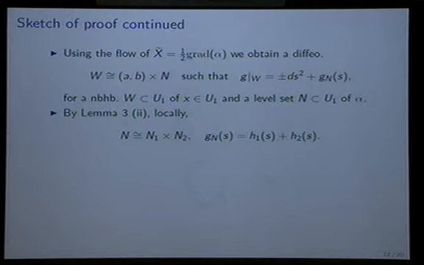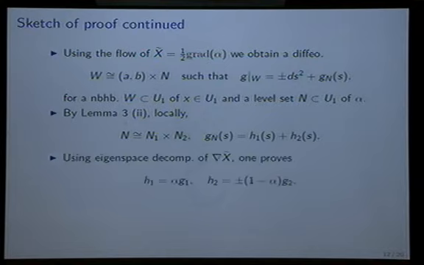And the metric gN of s decomposes as an orthogonal sum of two metrics, H1 of s and H2 of s. And using the eigenspace decomposition of the covariant derivative of X tilde, which I wrote before, one can prove that the s dependence of H1 is of this form, alpha of s times G1, and for H2, 1 minus alpha of s times G2, where G1 and G2 do not depend on s anymore.